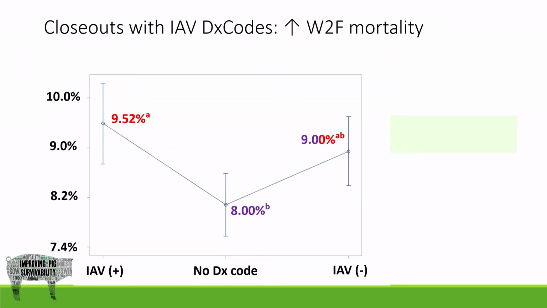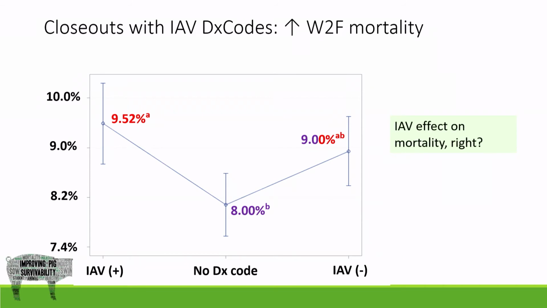So talking about causality, if we interpret these as causal, we see that within those groups that had tissue submitted to the VDL, if we compare groups that were influenza positive to groups that were influenza negative but positive for other pathogens, influenza has a higher wean-to-finish mortality compared to those groups, and also compared to groups that never had any tissue, the 8% one.